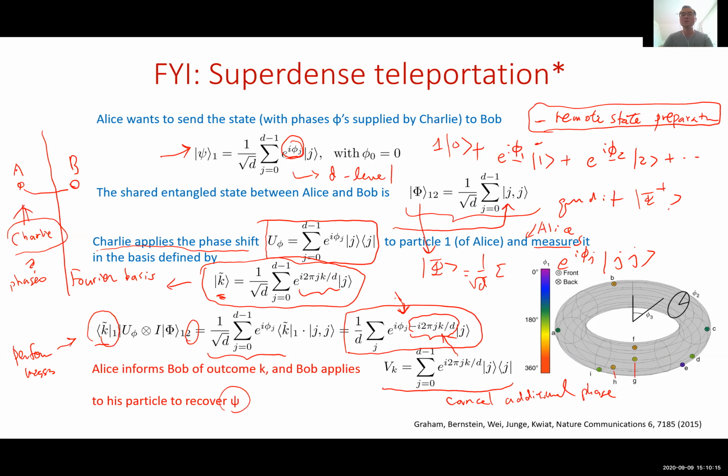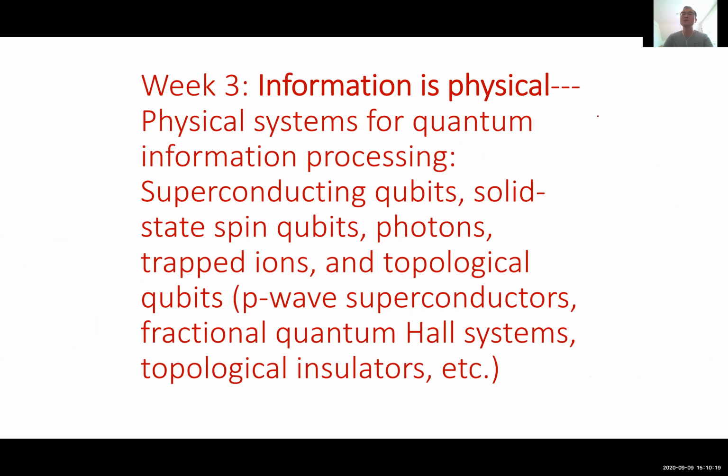Okay. So if there's no more questions, I want to enter the major topic today. I'm going to discuss a few physical systems that are currently being used for quantum information processing.